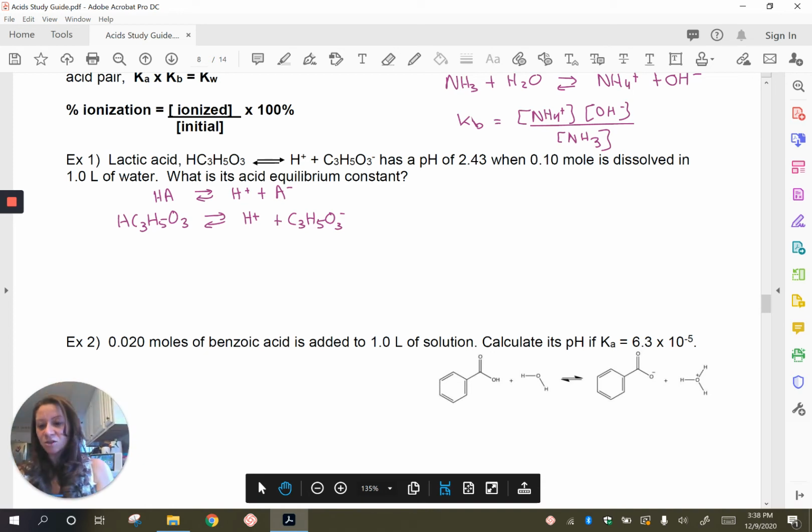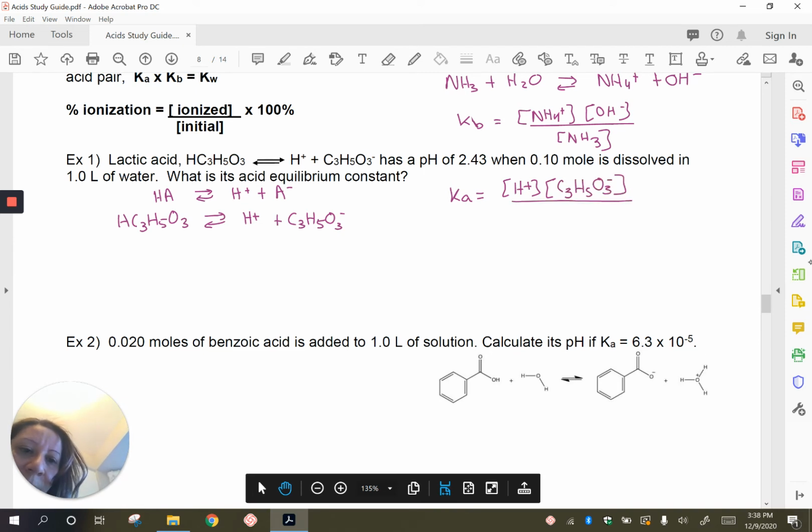HA being the acid, so lactic acid in this case, A minus being the anion, which is the lactate ion in this case. So you can make it simpler for yourself if you would like. Next, since I'm solving for Ka, I'm going to write the expression for it. It is the concentration of H plus times the lactate ion concentration over the acid concentration.